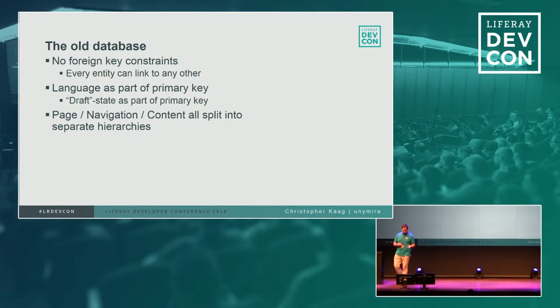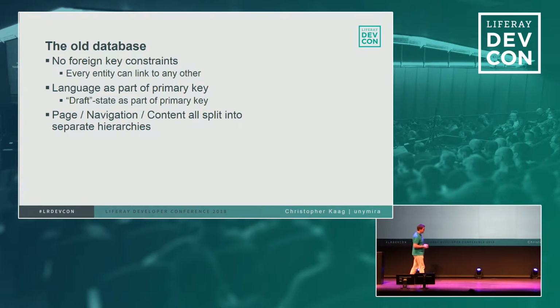In this case, it's also a field in the database, but of course, it's also part of the primary key. So we actually have copies of articles that were draft and were published on later on. So you actually have both entities in your database, and they are distinct because, well, it's a different primary key.